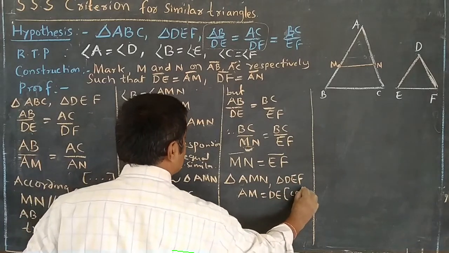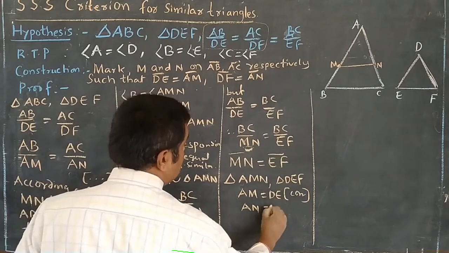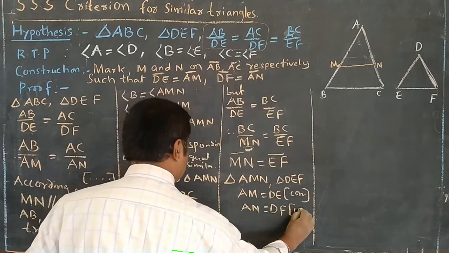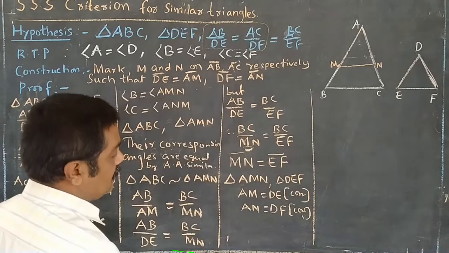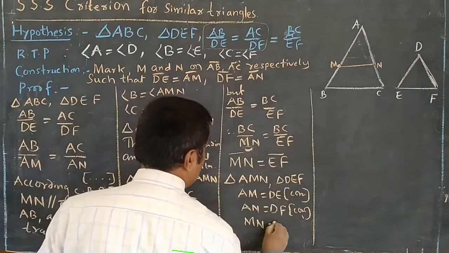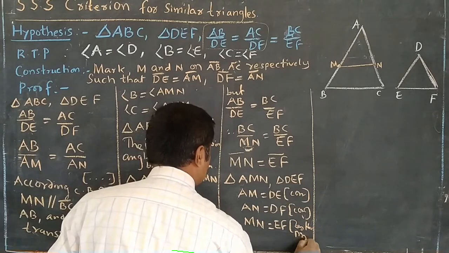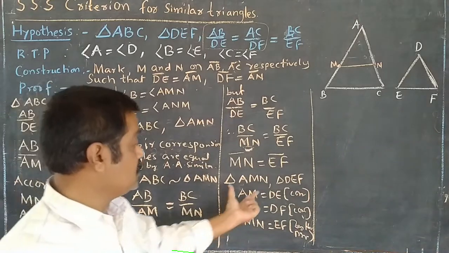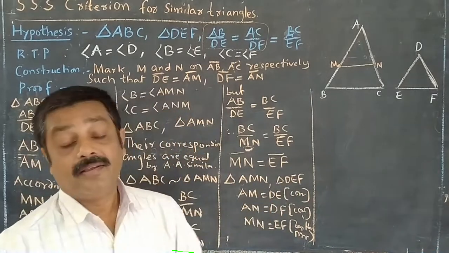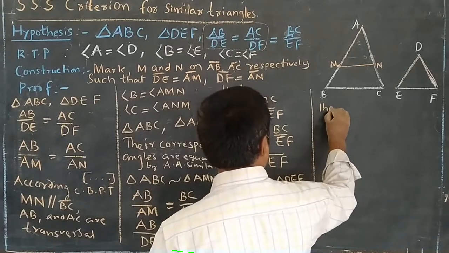It is by the construction. And AM is equal to DF, also by the construction. But the third one, MN side is equal to EF. How do you know? By the proof. We proved this. So these two triangles satisfy the SSS axiom.